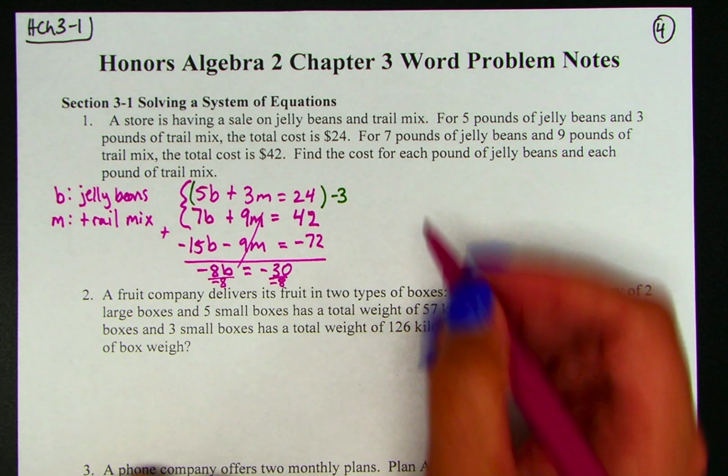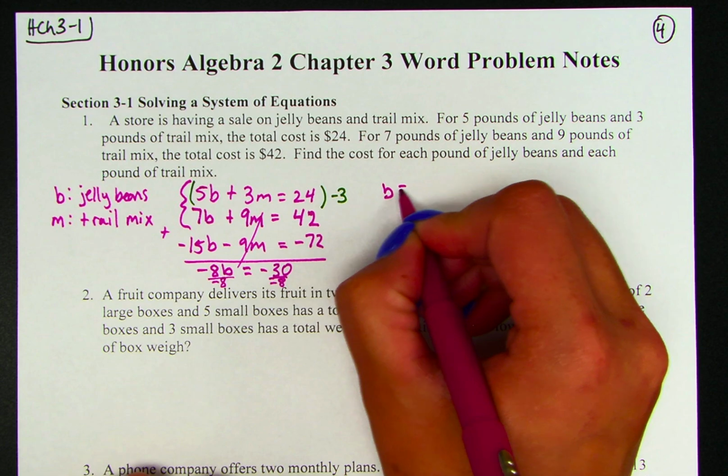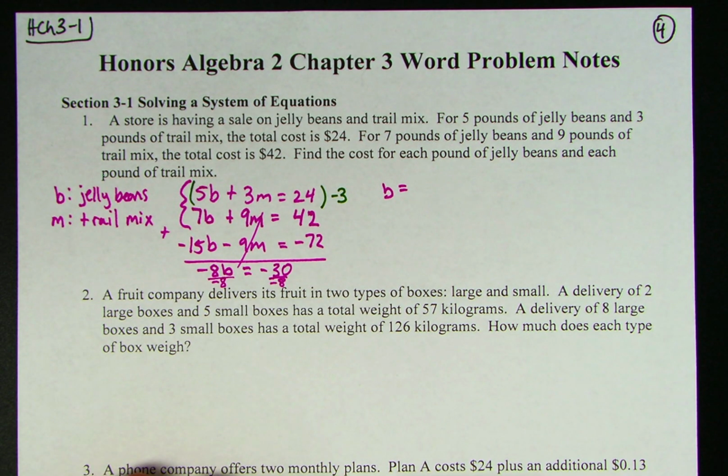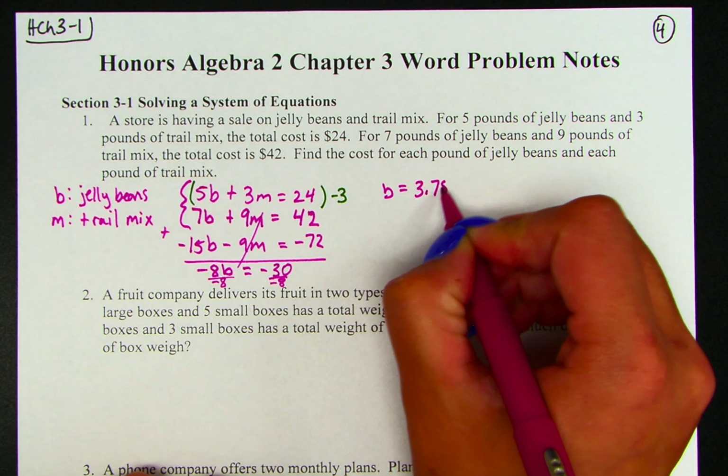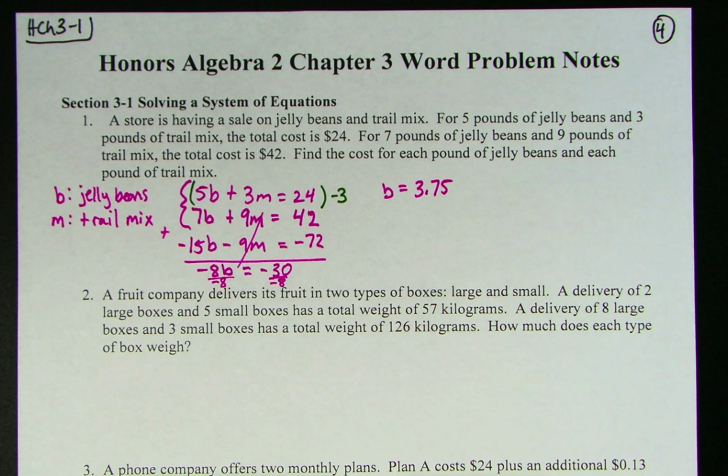Okay. So that means that b, if I divide that, it doesn't divide nicely. So negative 30 divided by negative 8 is going to be 3.75. And it's okay in this context to get decimals because we're talking about money. So as long as our decimal is only going to the hundredths spot, we're okay.